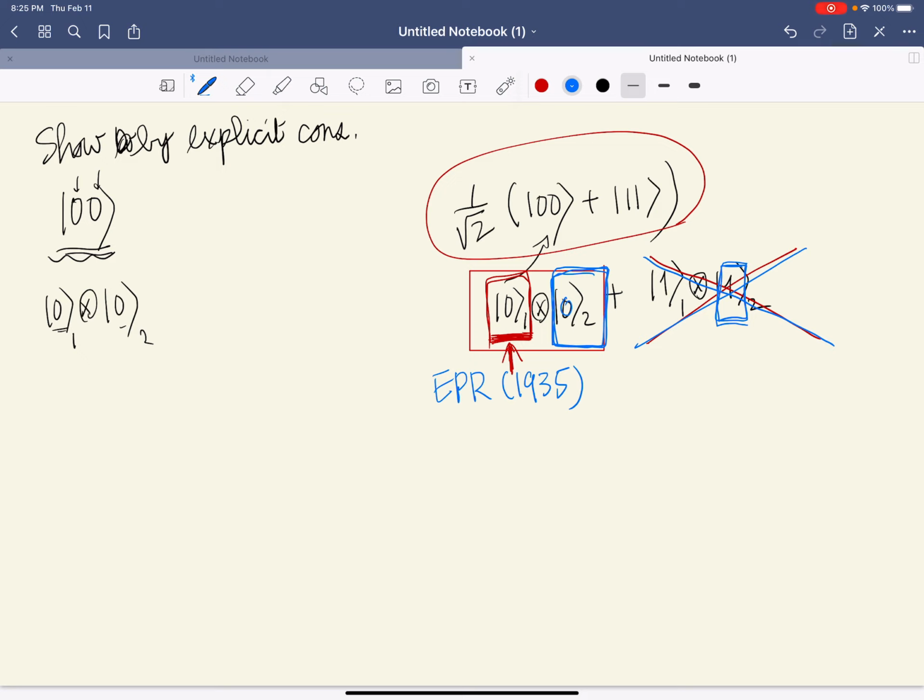Okay, but suppose that your measurement happened to give out the other result. Let me just rewrite this wave function. Let's say your measurement on the first qubit gave a 1 as the state of the first qubit.